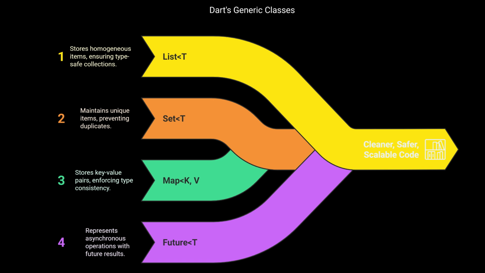Then we have Map<K, V>. This is used when we want to store data in key-value pairs. For example, Map<String, int> could represent subjects as keys and their marks as values. Here, K is the type for keys and V is the type for values. Finally, there's Future<T>.